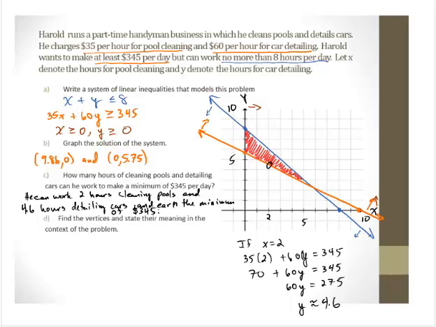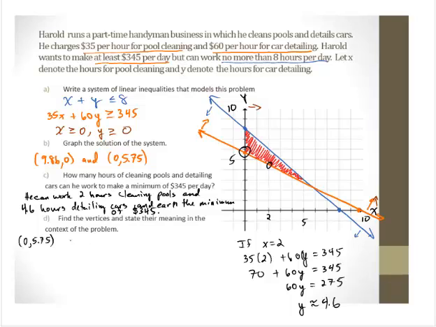All right, find the vertices and state their meaning in the context of the problem. Again, two of the vertices are fairly simple. We have the first vertex over here, (0, 5.75). So let's see.